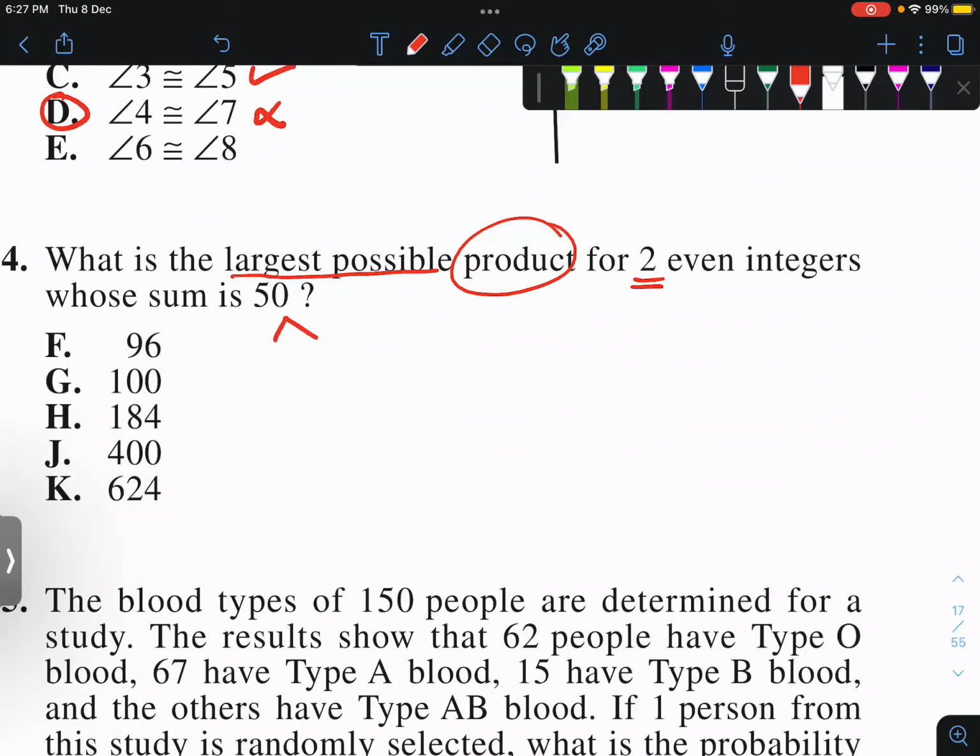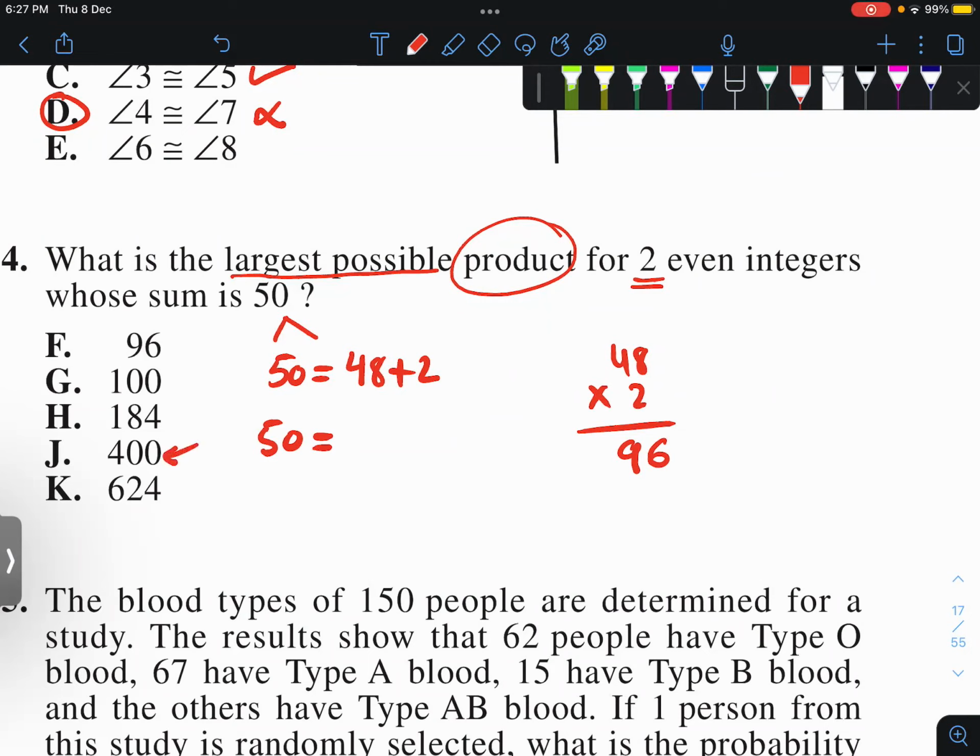So to find the largest possible product of two even integers whose sum is 50, it could be 25. No, we need the two values. Their sum is 50. Like what? 48 and 2. So if we multiply 48 and 2, yes, it's 96. So this is the greatest thing. Yes, right? But no, we can say that 50 is like something here.